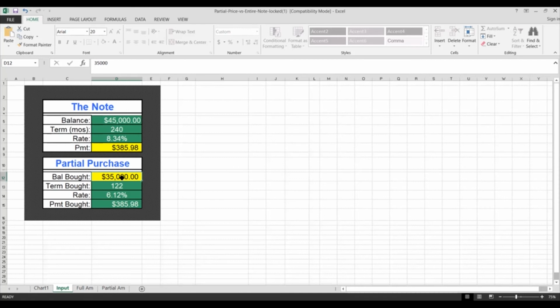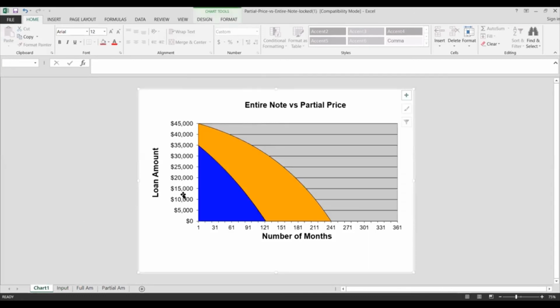If we look at this chart, if the note would happen to pay off at month 61, the amortization schedule, don't hold me to it exactly, is probably around 23.5. So the investor is going to receive his 23,500 of principal that still is returned, and then we get the difference.